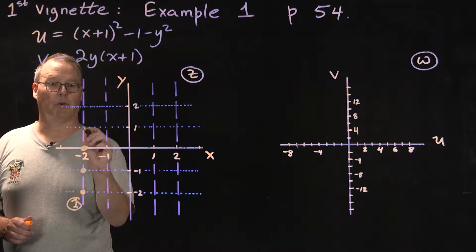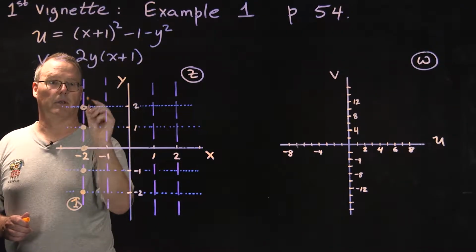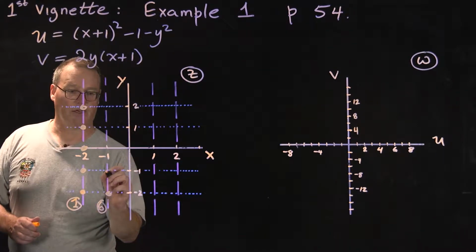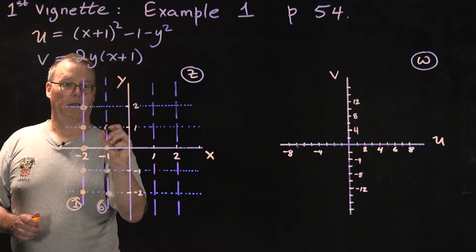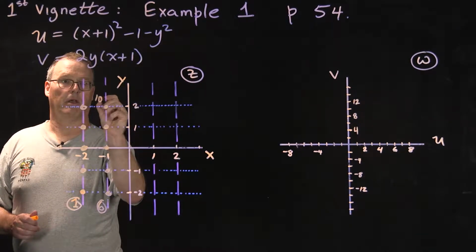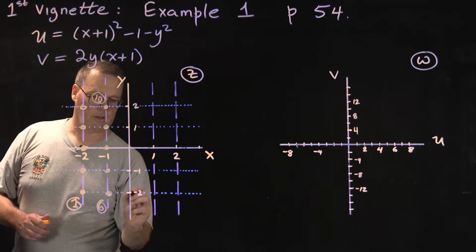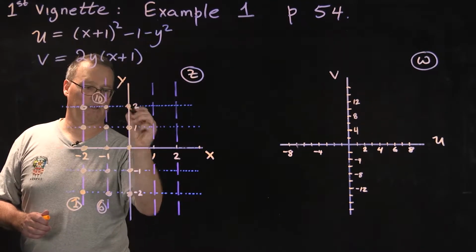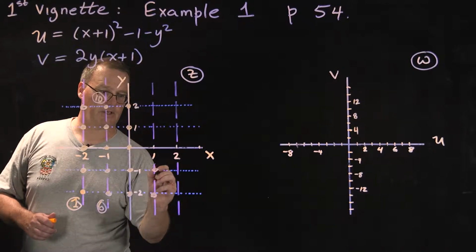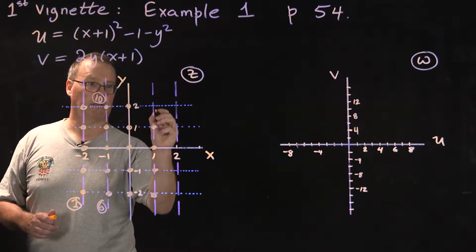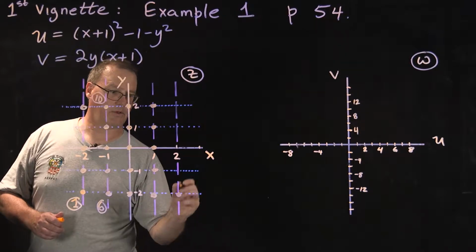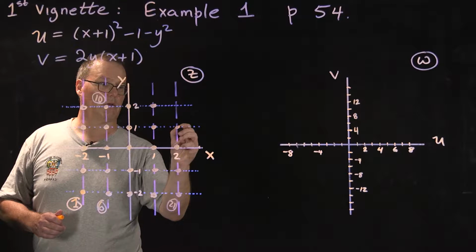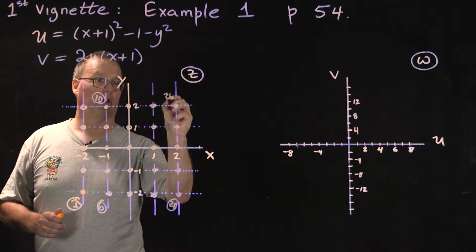This is the third, fourth, fifth, sixth, seventh, eighth, ninth, 10th, 11th, 12th, 13th, 14th, 15th, 16th, 17th, 18th, 19th, 20th, 21st, 22nd, 23rd, 24th, and 25th.